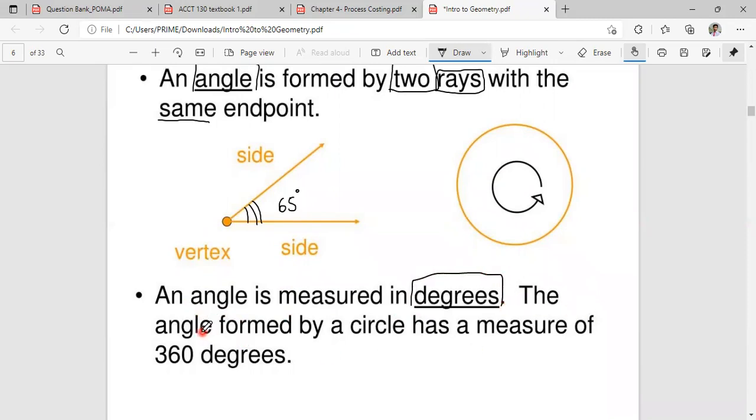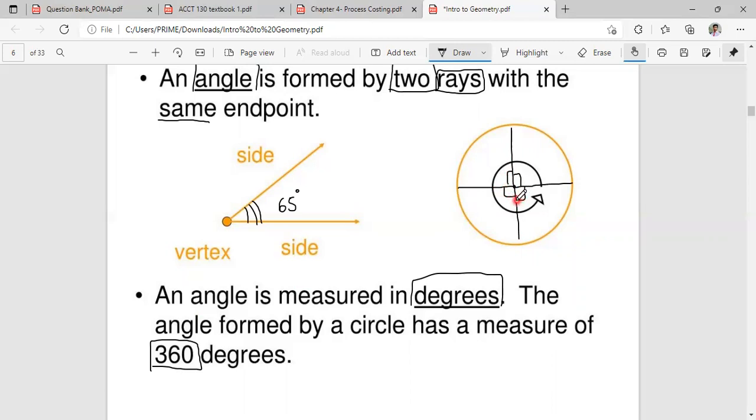The angle formed by a circle has a measure of 360 degrees. You can see we have a circle, and a circle has a 360 degree angle. If I have a midpoint and I draw two diameters, I would have two diameters and four radii, and all the angles over here.